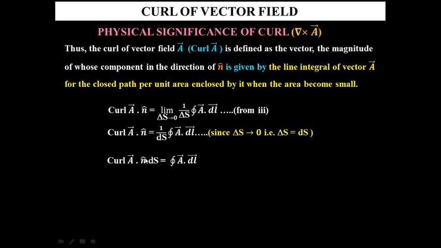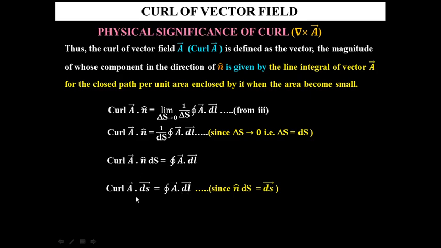Now we know that the unit vector times the magnitude of ds is nothing but the ds vector, because a unit vector is the vector divided by its magnitude. So n cap into ds is the ds vector. So curl of vector A dot ds vector is equal to the line integral over the closed path of A dot dl.